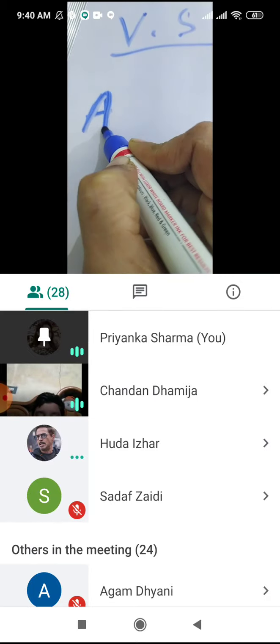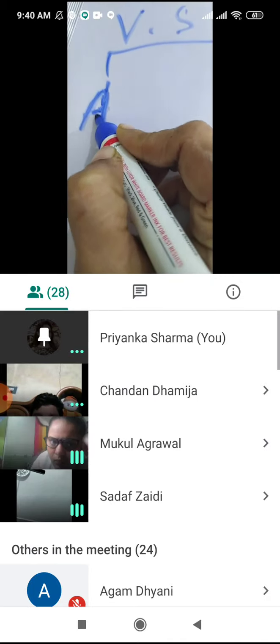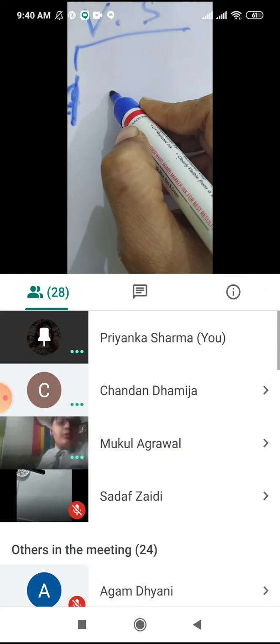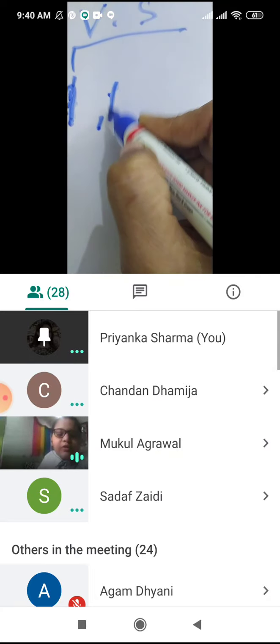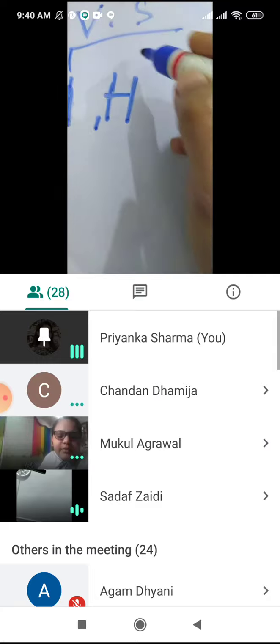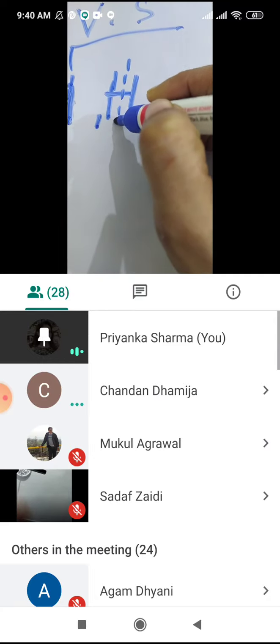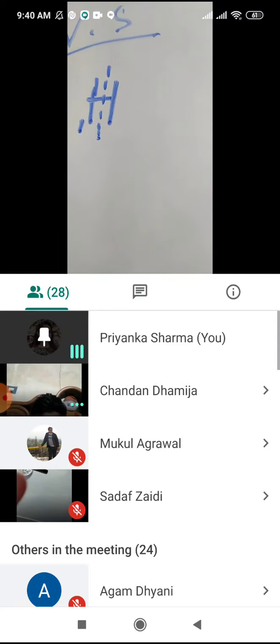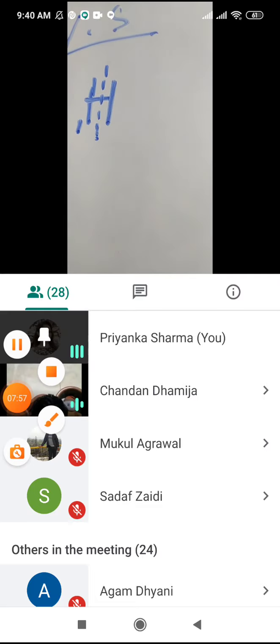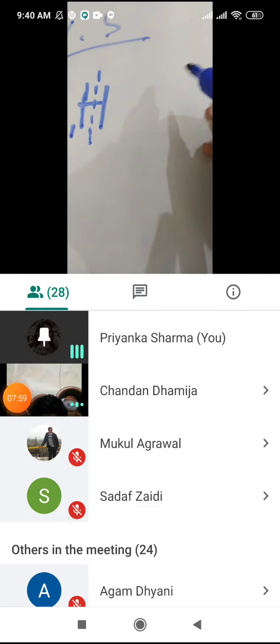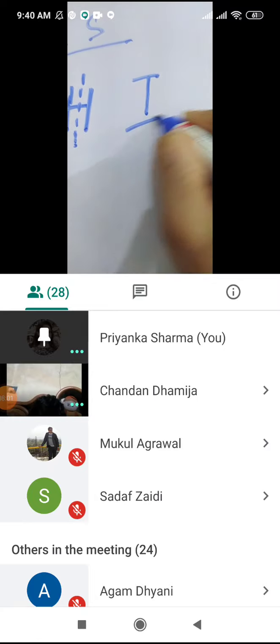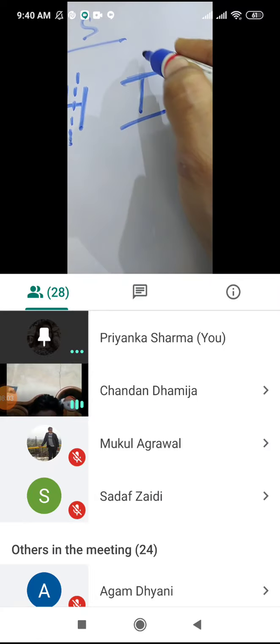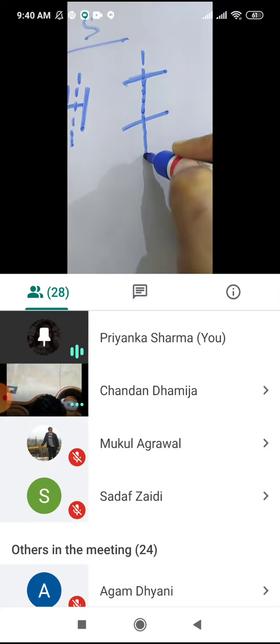A is there. See, it will be divided like this. Then H can also be divided. B cannot be divided, beta. B will be divided by horizontal, not vertical. After H, I, it can be divided like this.